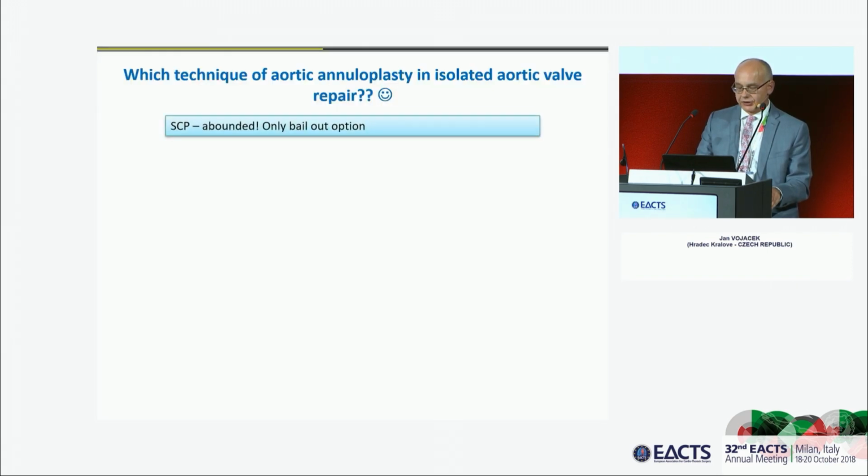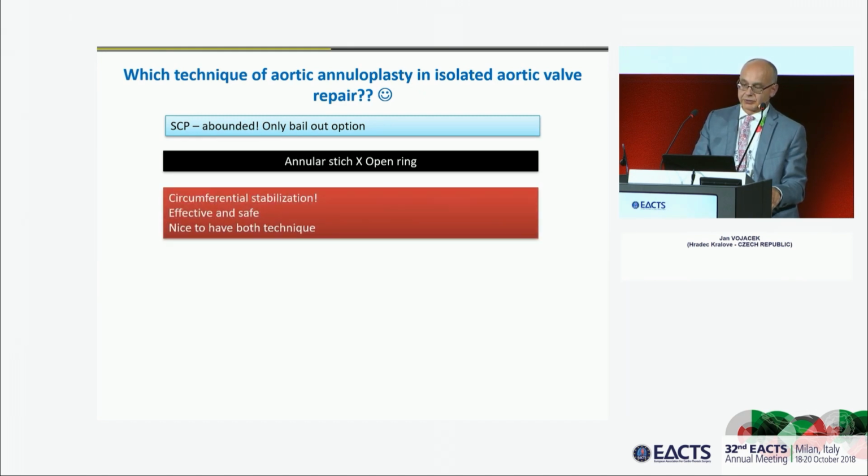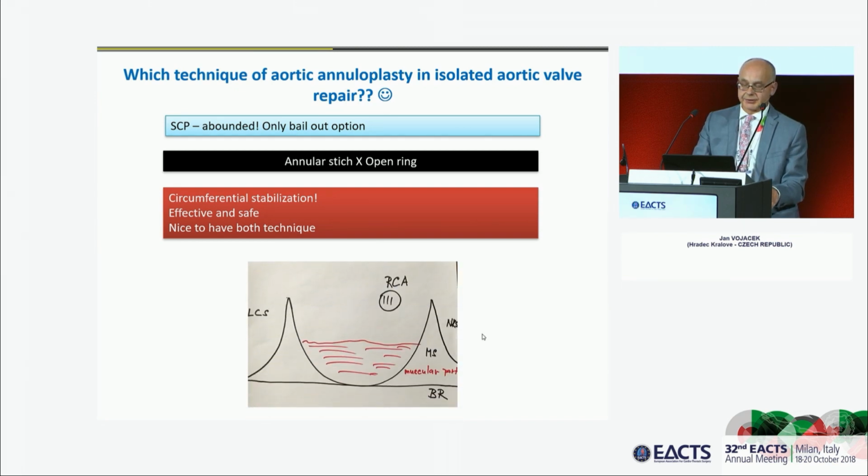So which technique is actually better? I would say subcommissural plication, as I said, is abandoned and should be used only as a bailout option, and either annular stitch or open ring are very feasible. They are very effective, and it's nice to have them both in the armamentarium. Why? Because sometimes you have to face this situation.